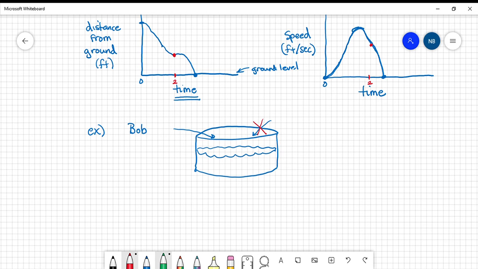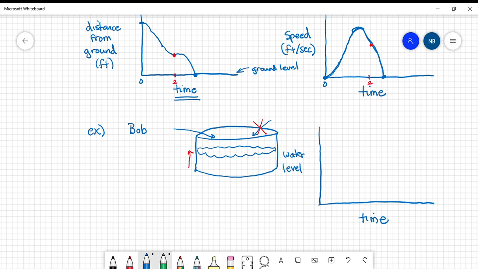Now, let's look at the water level. When there are two hoses going full blast, filling the pool, the water level is going to rise fairly quickly. But when Bob's wife comes along and takes away one of those hoses, the speed of that water level change is going to slow down a lot. So let's try to represent that with a graph. I'm going to put, surprise, surprise, time on the horizontal axis. And we're going to measure water level on the vertical axis.